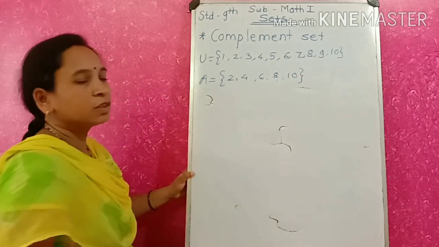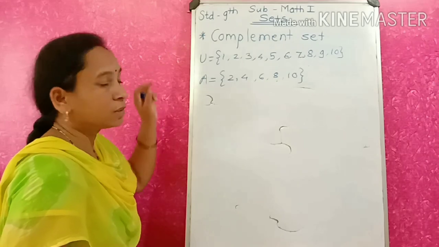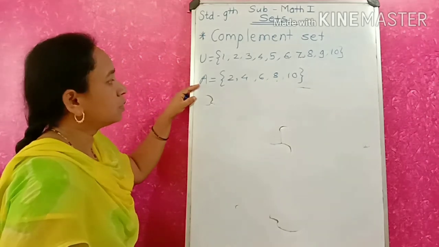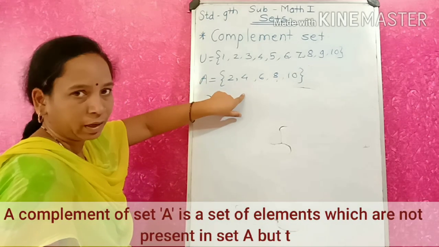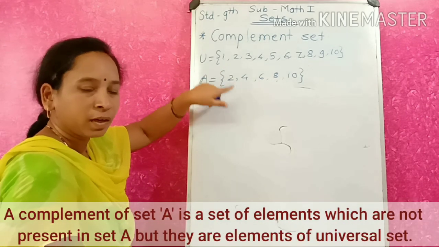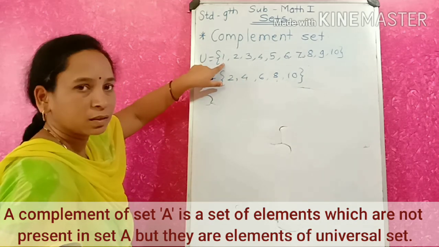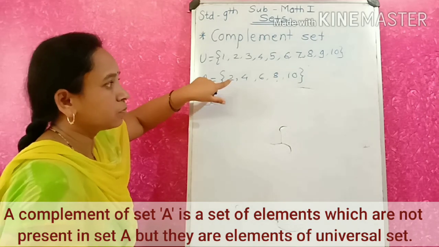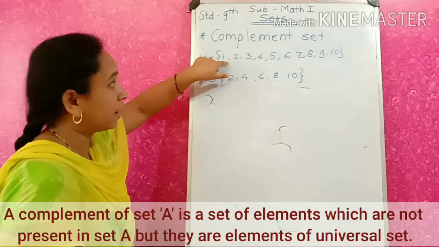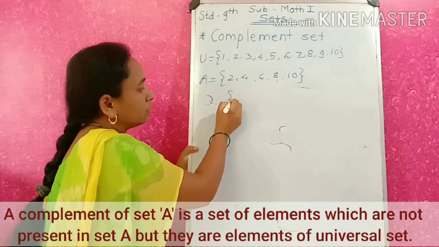So these are the elements of set A. Now what is the complement of a set? The complement of a set means the set of elements which are not present in A but they are present in U. Means I have to find some elements which are not present in A but are in U.